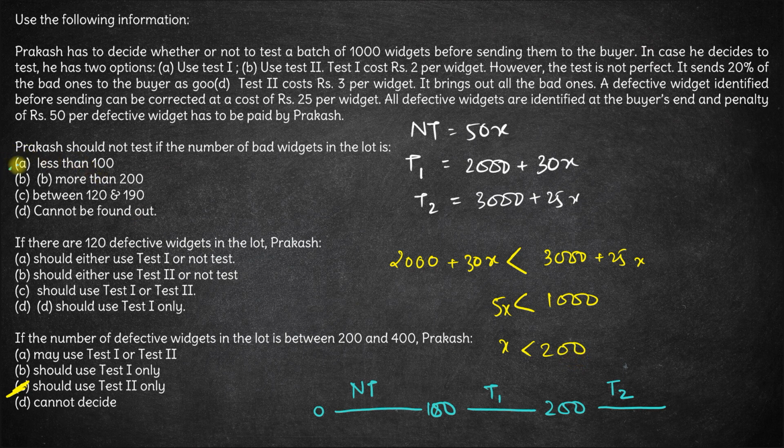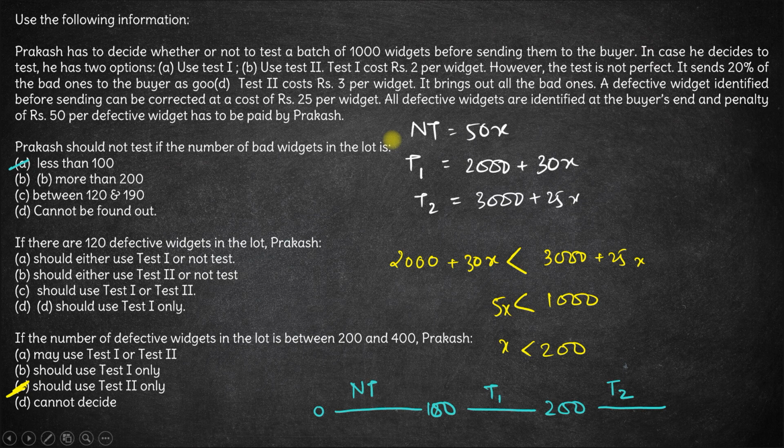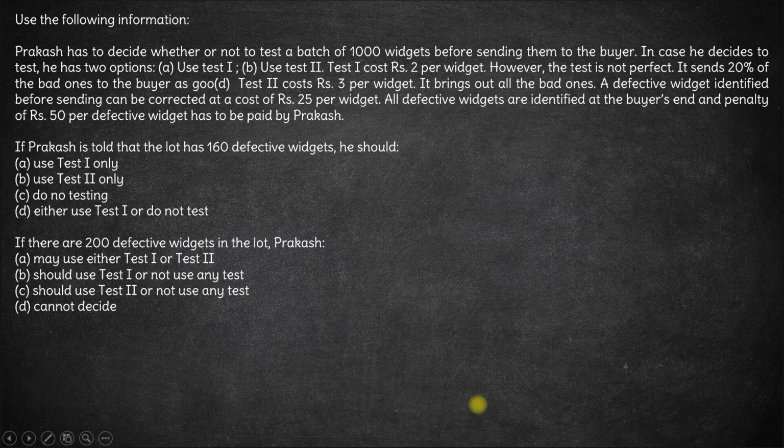This is what we can figure out from first and the third questions combined, right? Okay, so now next question is, if Prakash is told that the lot has 160 defective widgets, what should he do? So 160 comes in the range of 100 to 200. So in this case, he should use only test 1. So option A is the right answer here.